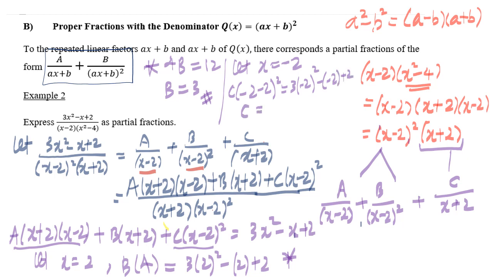So therefore c would be 3 bracket negative 2 close bracket squared minus bracket negative 2 close bracket plus 2 divided by bracket negative 2 minus 2 squared. So c will be equal to 1. So I found the values of b and c. The last step, I can just use any value of x to find the last constant a. So I'm going to erase this part here.